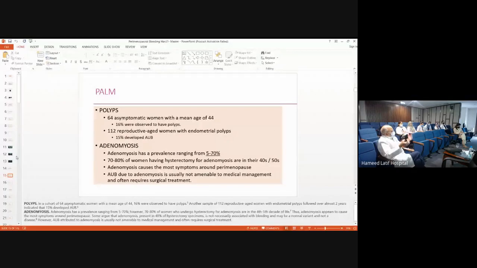It would be a very embarrassing and difficult situation for a gynecologist to operate on a woman with the intention of removing a fibroid, and when you perform laparoscopy, you find that there is adenomyosis, which you cannot completely remove, and which might have made the patient take the decision of having her uterus removed.